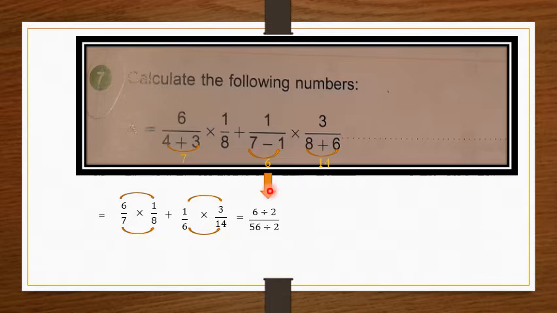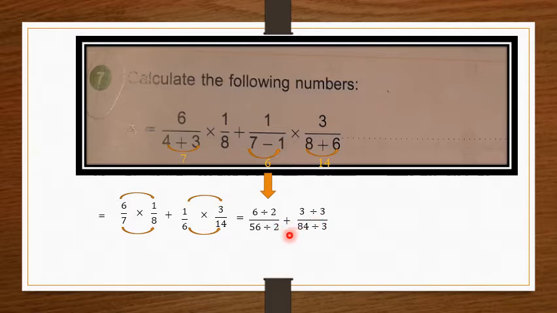So I have to write 6 times 1 is 6, 7 times 8 is 56, so it's 6 over 56 plus. Multiply the numerators, 1 times 3 is 3, and 6 times 14 is 84. Okay, now to add fractions, we should have the same denominator.